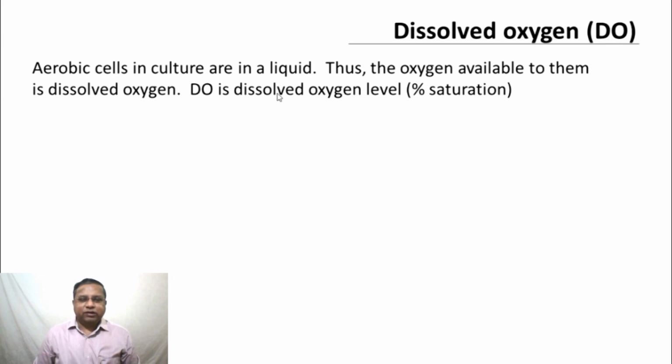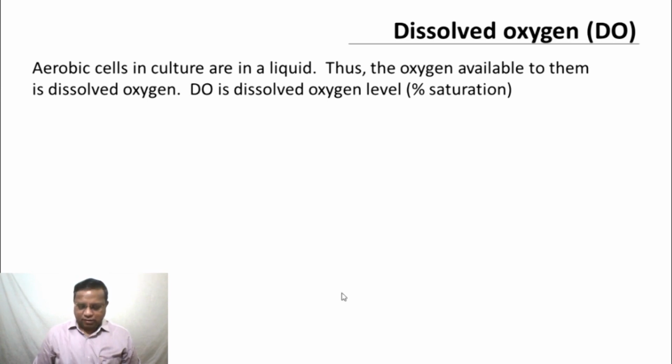And DO is the level of the dissolved oxygen, and it is given as percentage saturation with air. Predominantly air is the source of oxygen for most bioreactors, and therefore it has been the practice to give dissolved oxygen levels as percentage air saturation.